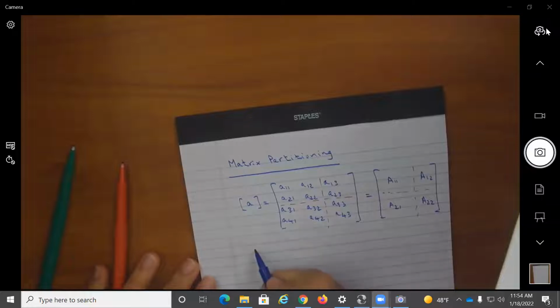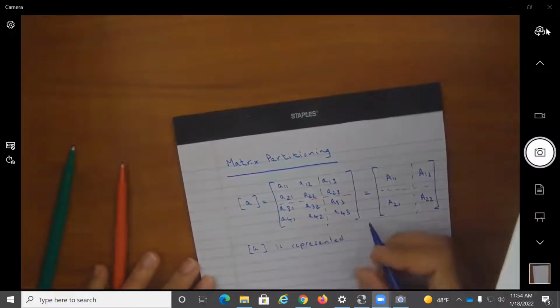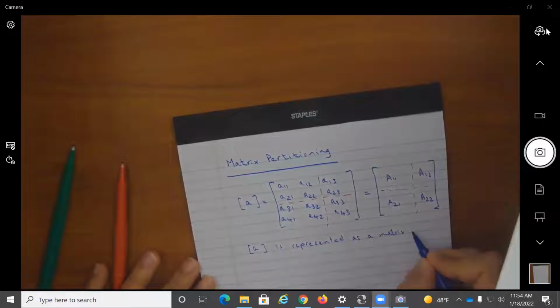So in this case, A is represented as a matrix of submatrices.